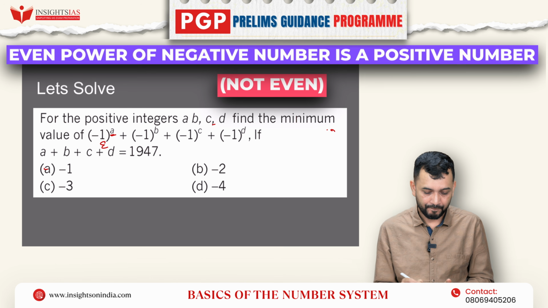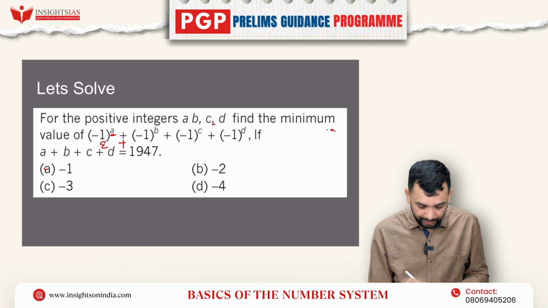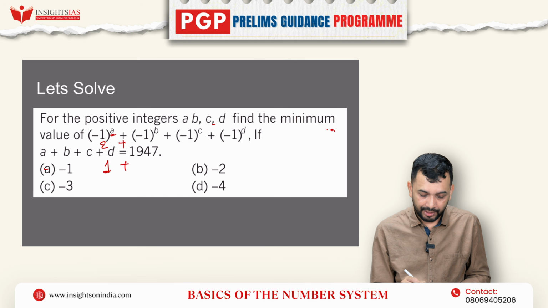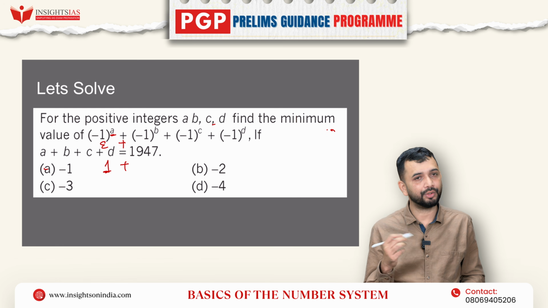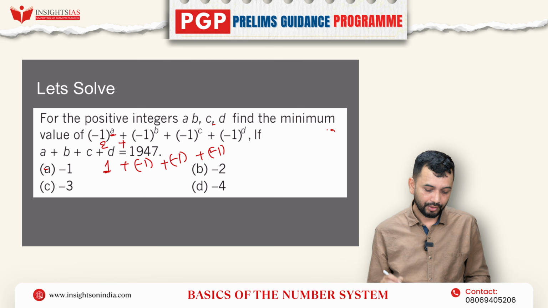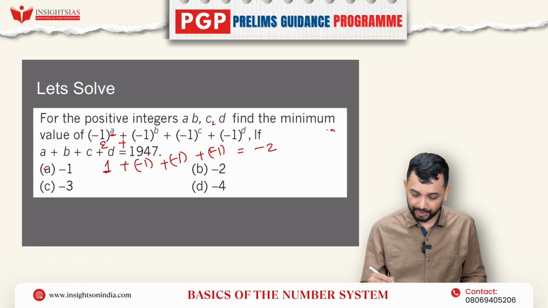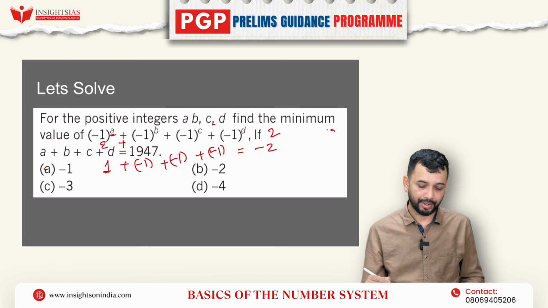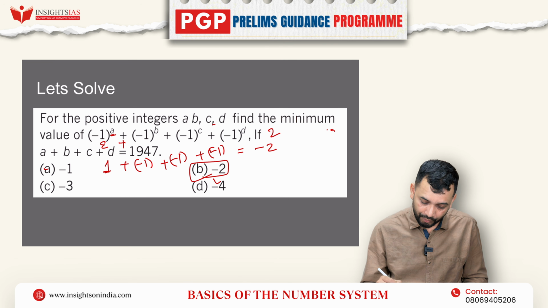Positive, basically +1. The remaining ones are -1 to the power of an odd number, all of which will be -1, -1, -1. So -1, -1, -1 is -3, plus 1 will be -2. So the first was +2 and the second was -2. What was the least value here? He is asking about the minimum value, so the answer would be -2.